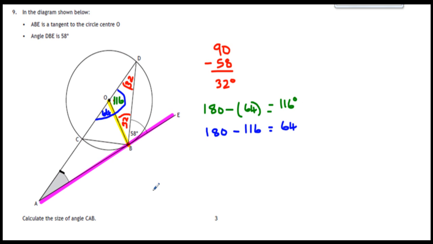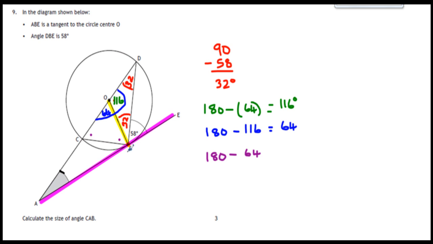Now, where do I go from there? If I look here, there's the centre, there's a radius, there's another isosceles triangle. So the angles in an isosceles triangle add up to 180. That one is going to be exactly the same as that one. So that one and that one are exactly the same. So I've got 180 degrees, and if I take away the 64 that I've already used, whatever I'm left with, I'm going to share it with those two.